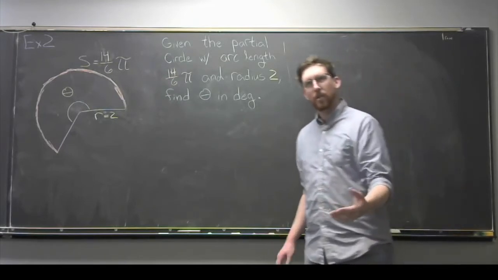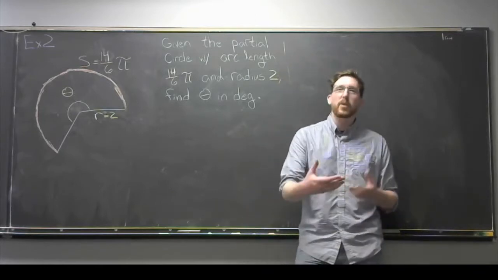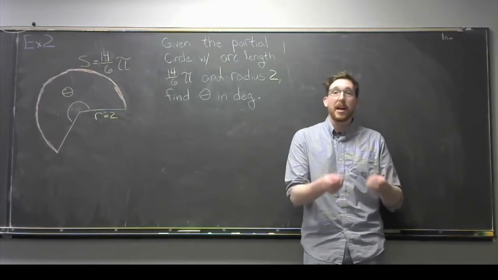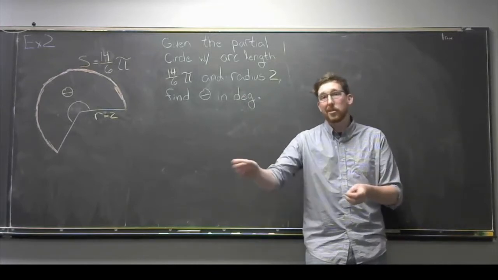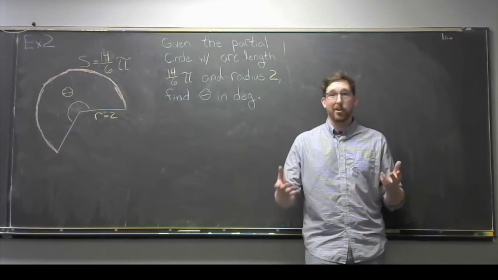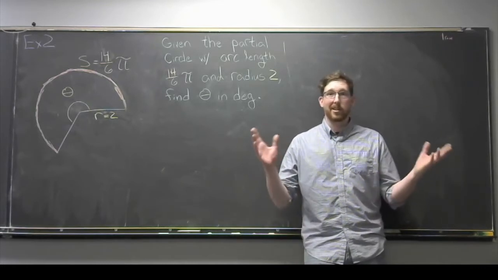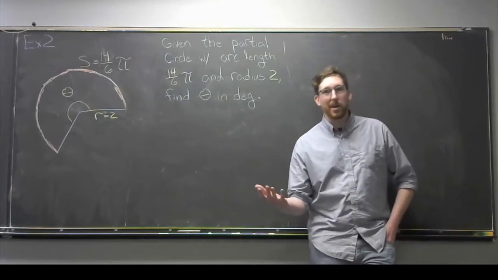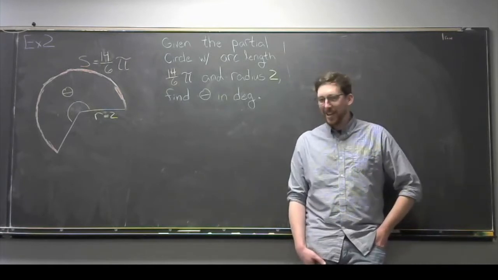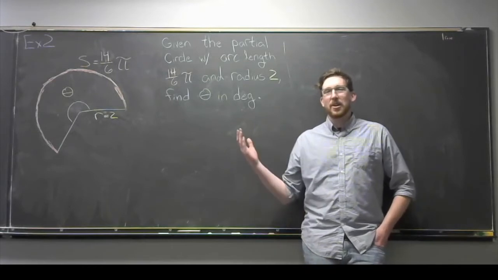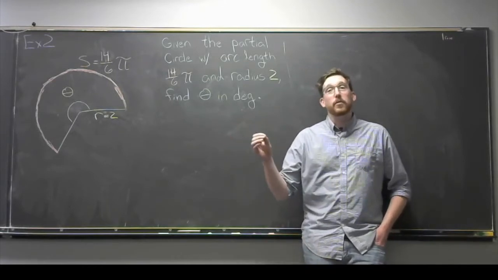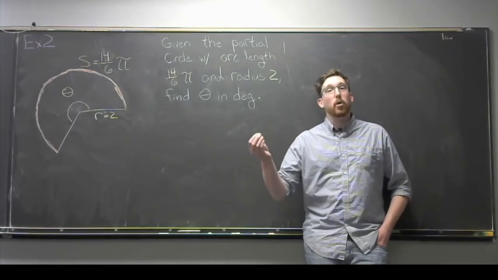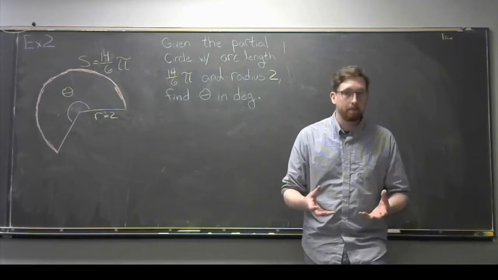So how are we going to do this? Well, the first thing we want to do is go back to what we know. We don't want to invent new math. We want to go back to those fundamental building blocks that we started the lecture off with. Good thing, because it's day one of the lecture, and if we had to invent math for this class, we'd all be in trouble, right? So we start with that very first formula we saw, the way radians are calculated.